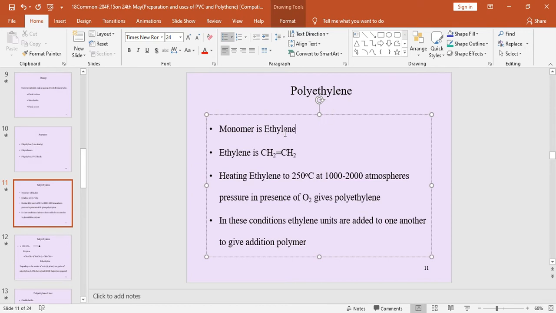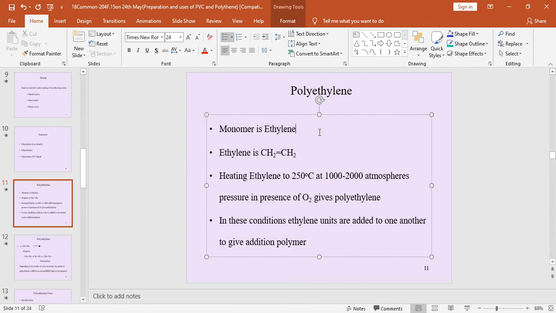Ethylene means CH2 double bond CH2: two carbons and four hydrogens, with one double bond between the carbons. So ethylene is the monomer. Polyethylene is the combination of ethylene molecules or monomers, which form polyethylene, right?